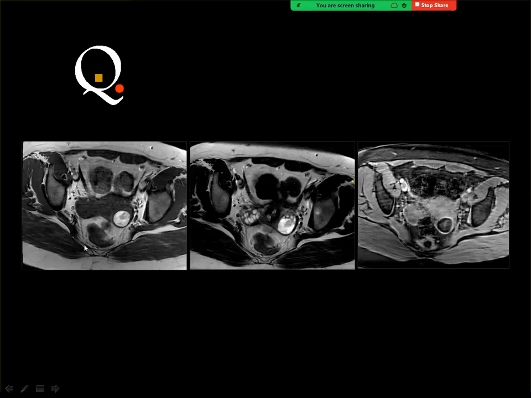Next case, and this is MRI T1, and this is T2, and this is T1 post-contrast with fat saturation.